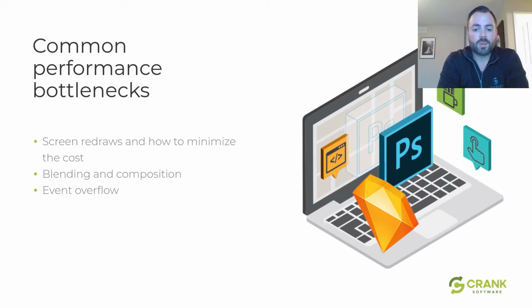A really good way to illustrate this is to think about things in terms of frame rate, which is pretty common. 60 frames per second is a pretty common frame rate for what people consider to be smooth performance. And if you want to do this, you're going to have to handle your event, update your rendering, your composition, and be done all within 16 milliseconds.